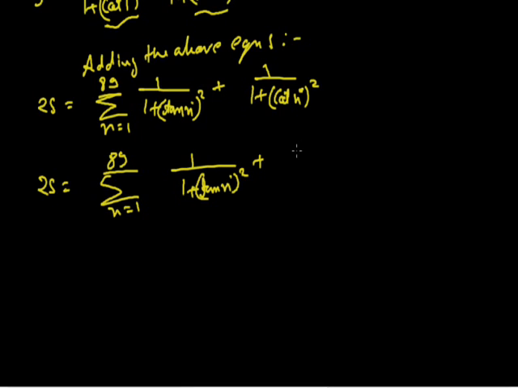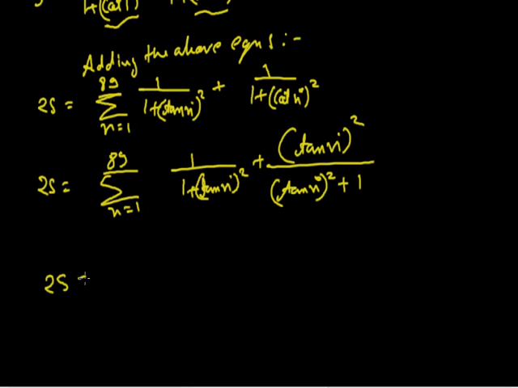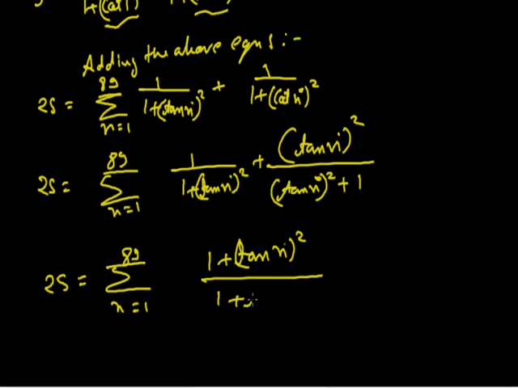therefore it will become tan n degree square upon tan n degree square plus 1 after taking LCM as tan n degree. Therefore 2s will become sigma n equals 1 up to 89 of 1 plus tan n degree square upon 1 plus tan n degree square.